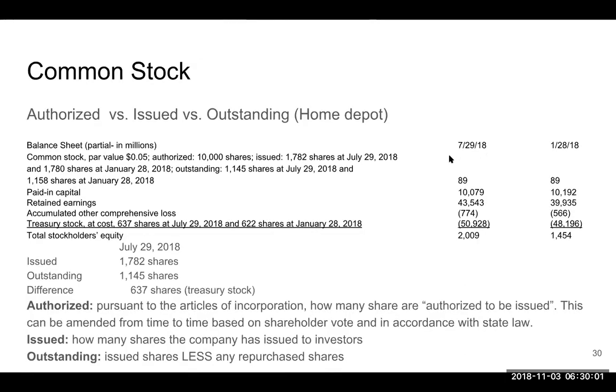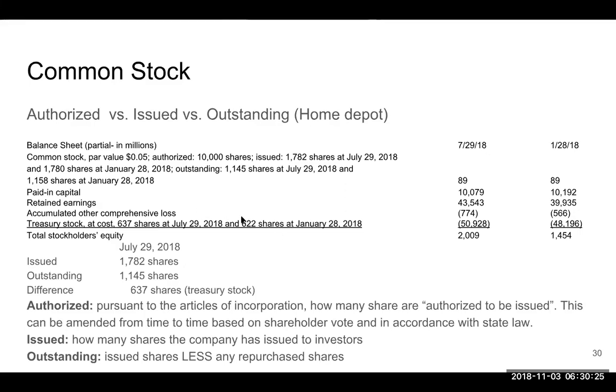Okay, so we're back here to our second video on common stock, or I should say on owner's equity. The first thing when a corporation forms, they create a certain number of authorized shares. Now, this here is for Home Depot that has about 10 billion shares outstanding.